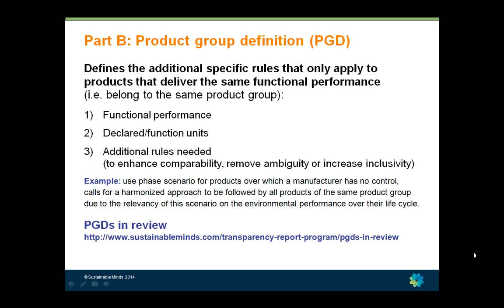And so the EN 15804 says, well, you can work with scenarios for those life cycle stages. And so what we said, since it's so important for the LCA results, it better be the same scenario for anybody issuing a transparency report for sanitary ceramics. And so we developed a use phase scenario, and that is declared in the product group definition, and that was deemed necessary under number 3 here, the additional rules needed.